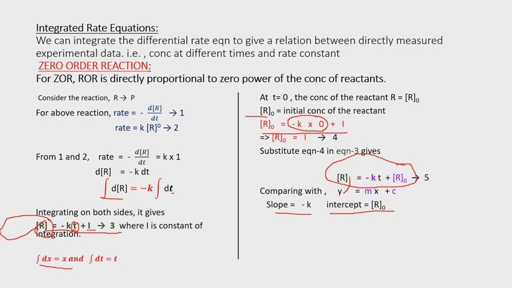Students, many students, I hope that you couldn't understand the derivation, because in a single attempt it is very difficult to understand the derivation. But don't focus on the derivation, but look at the final equation. Equation number 5. R equal to minus kt plus r naught.